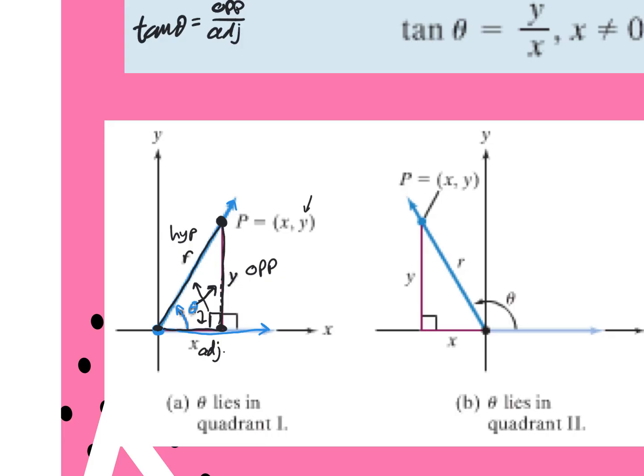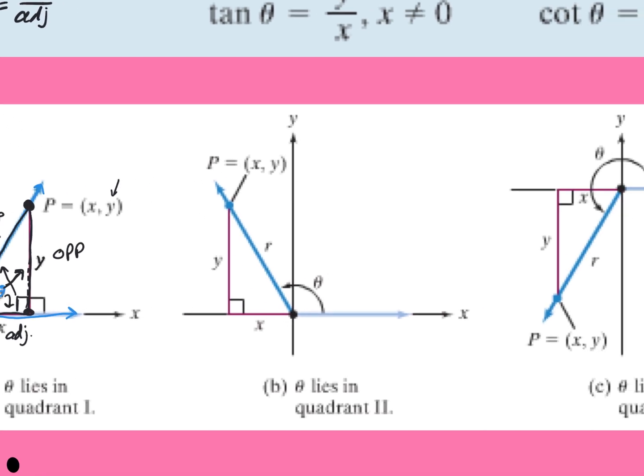R actually stands for radius. I know we don't see any circles here, but you're going to see in a couple lessons from now that circles and triangles actually have a lot more to do with each other than you might assume. But that's how this relates to the sine, cosine, and tangent that you guys are familiar with, right?